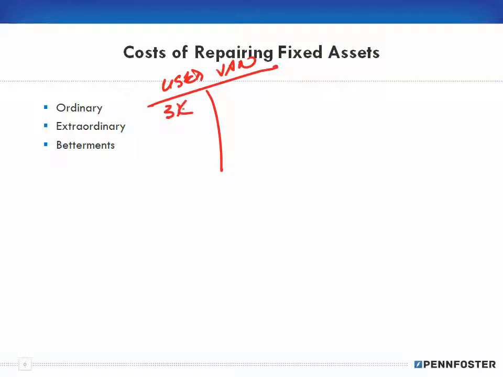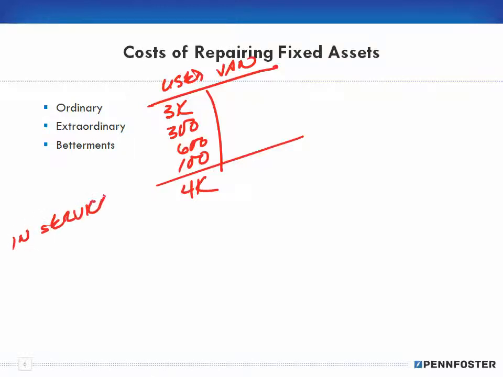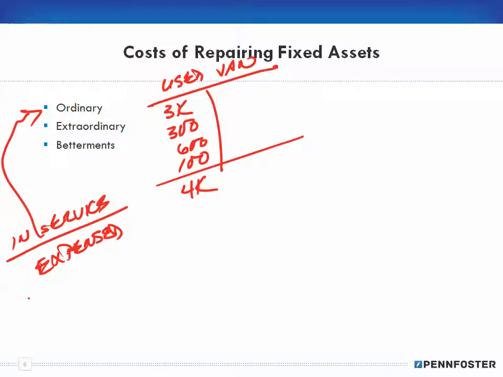We had $3,000 as our initial cost, $300 for an alternator, $600 for tires, and $100 for a tune-up. So our book value of the van is $4,000. We put it into service, and any other repairs are expensed as ordinary repairs.